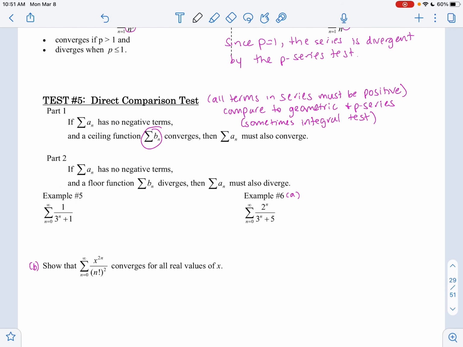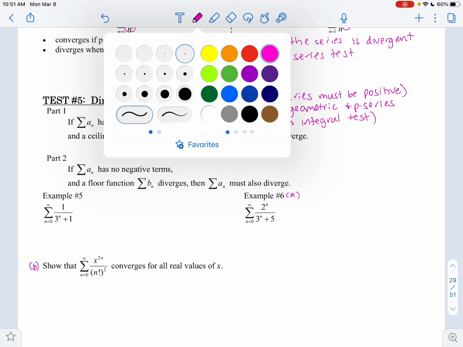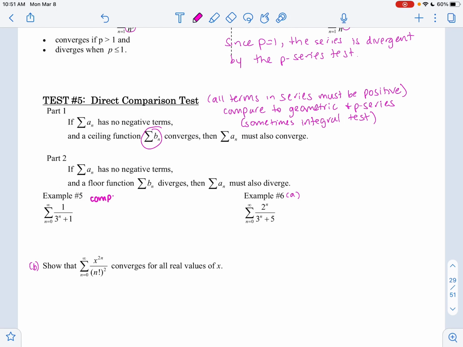So we're going to compare this, not to the integral, but to the series summation notation from 0 to infinity of 1 over 3 to the n, which again, we can rewrite so that it looks a little bit more familiar as 1/3 to the nth power if we factor out the nth.